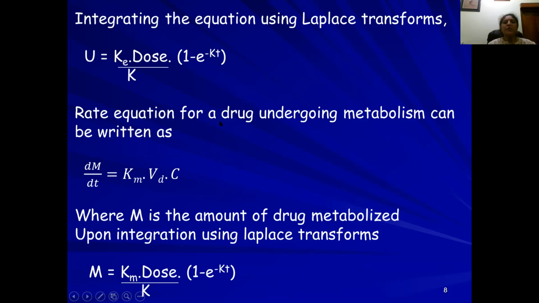Now the rate equation for a drug undergoing metabolism can be written as dM by dt is equal to Km into Vd into C, where M is the amount of drug metabolized, and Vd and C have the same meaning as in the previous equation. Upon integration using Laplace transforms, we get the equation M is equal to Km into dose divided by K into 1 minus e to the power of minus Kt.